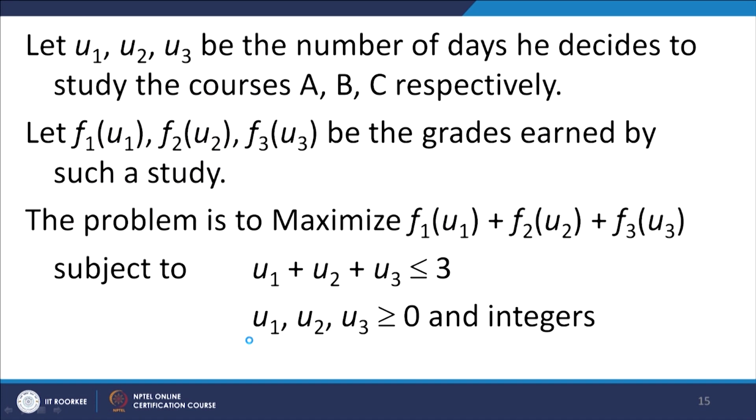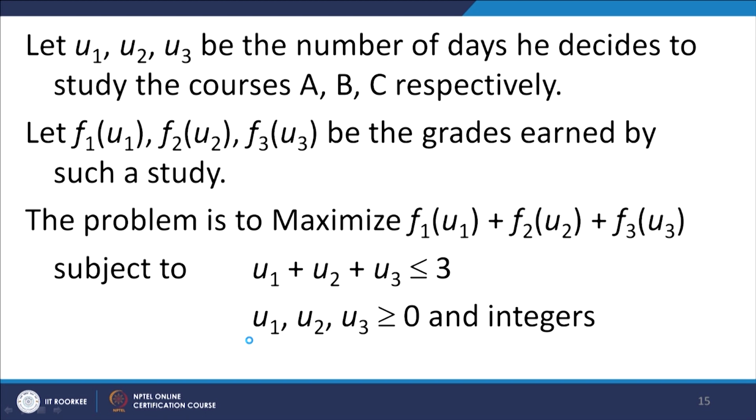So, let us formulate this problem using the dynamic programming approach that we have learnt. Let u1, u2, u3 be the number of days he decides to study the courses A, B and C respectively. Let f1 u1, f2 u2, f3 u3 be the grades earned by such a study.